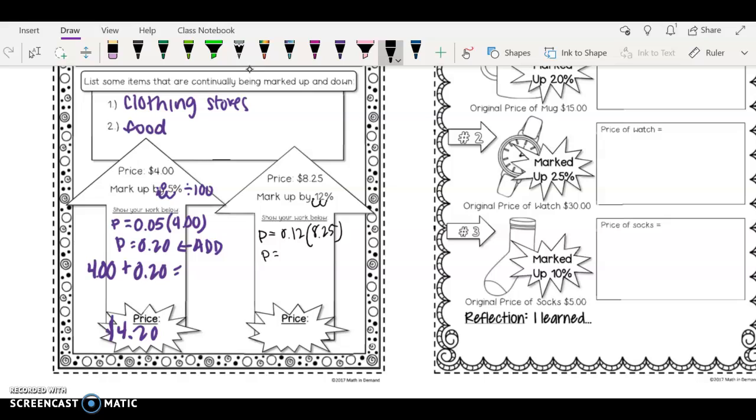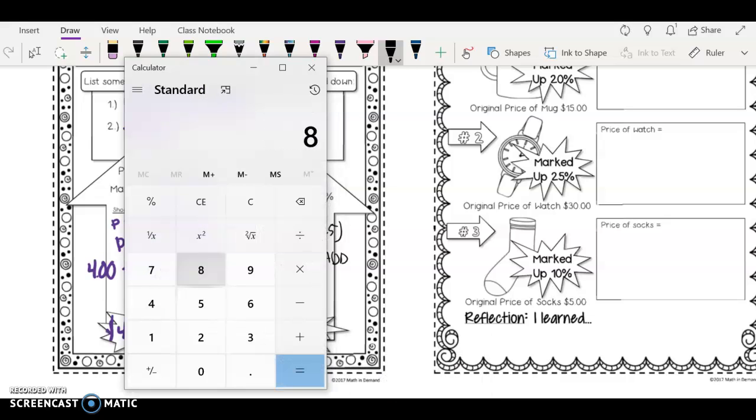So my part equals 99 cents, and I'm going to add this to my original. So $8.25 plus 99 cents gives you $9.24.